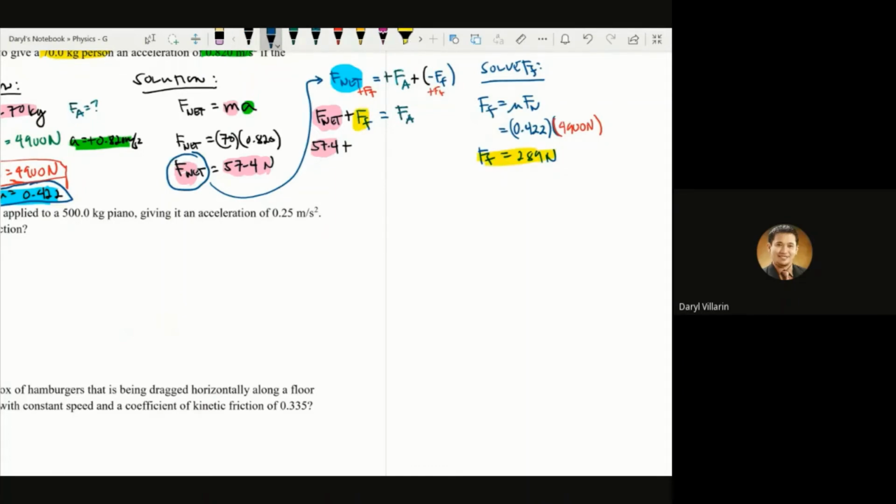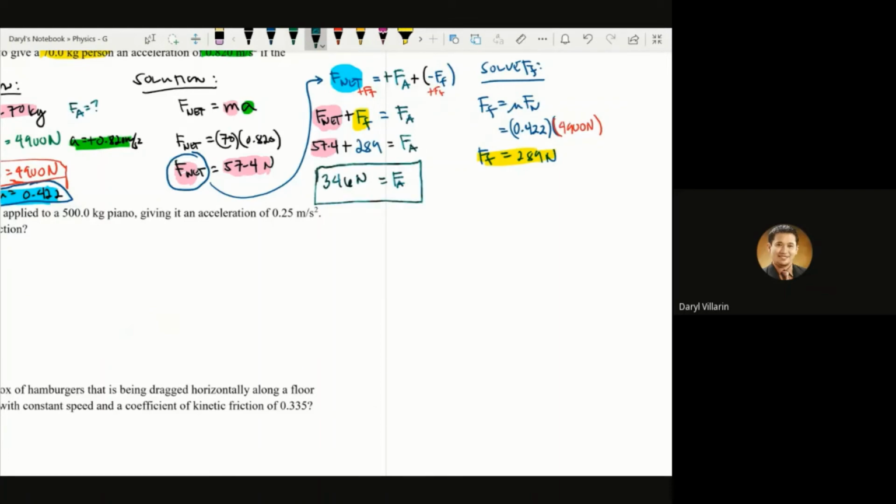So that is plus 289. 289 newtons plus the net force is equivalent to Fa. So now Fa would just be equivalent to 346 newtons.